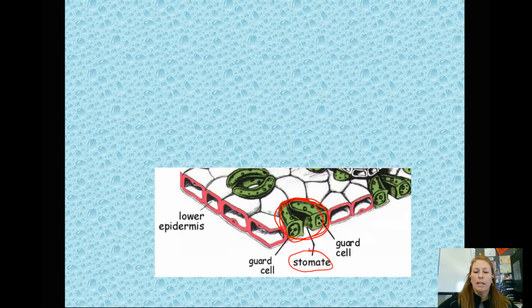That would be like a door, just the opening of a door. On each side of this opening, there are two guard cells. They're standing guard, is how you want to think of that. Through osmosis, they can either close the door or open the door. So they can either close the stomata, which reduces gas exchange, or open it up, which allows for gas exchange.